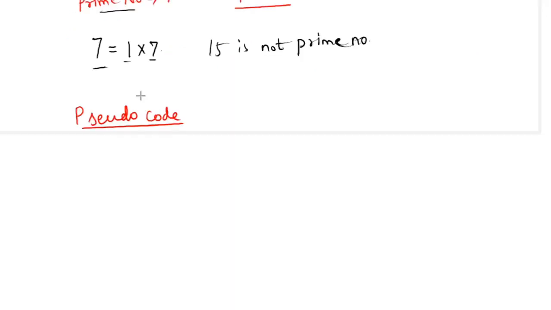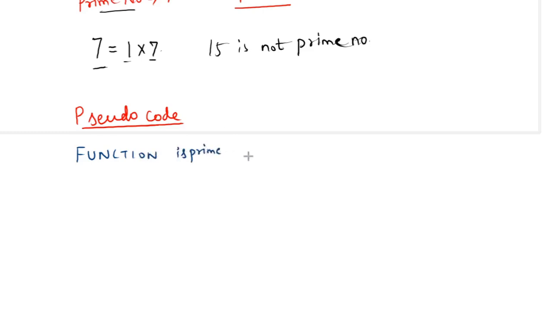Pseudocode for finding whether a given number is prime or not. For that, one needs to figure out the factors of the given number n. Let's say a function is defined. isPrime is a Boolean function.